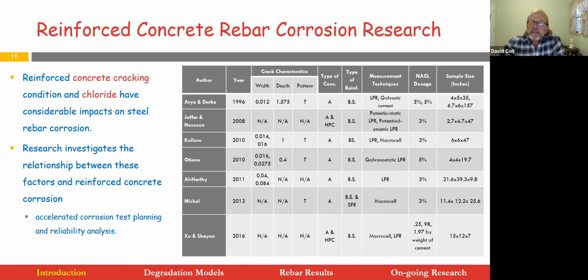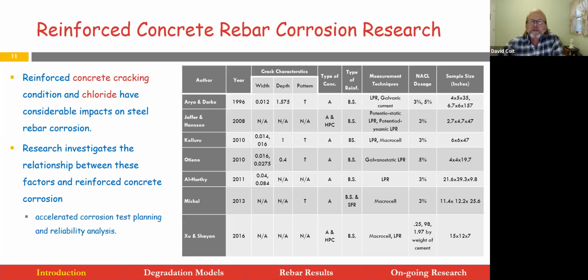What we see, some of it would be intuitive, but these are studies that said the crack size within the concrete is going to influence the rate of corrosion, and that makes sense. Also the chloride concentration will influence it, and some other things as well.